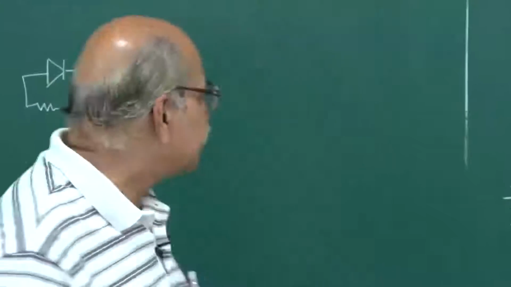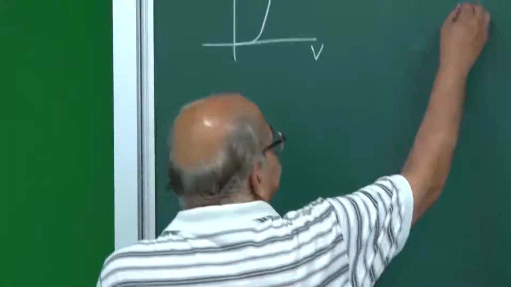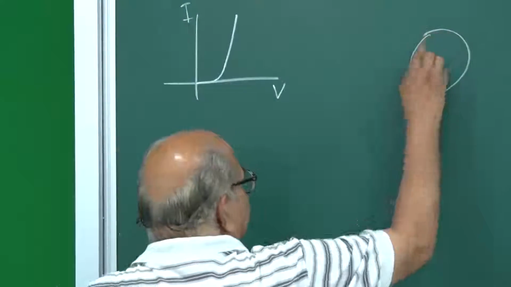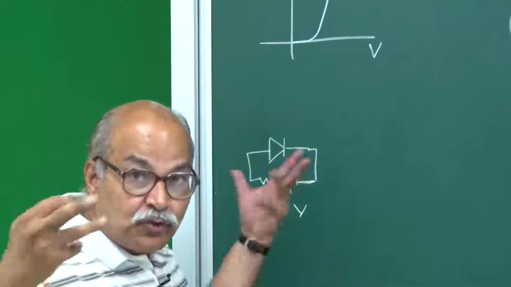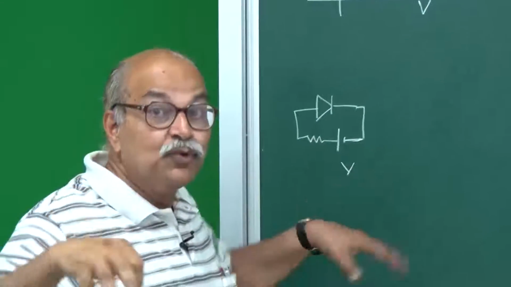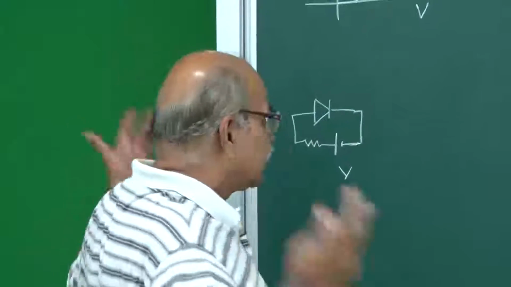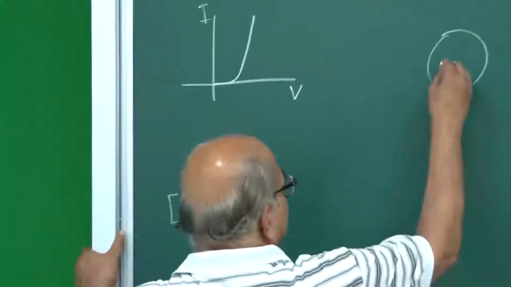For a transistor circuit also, here I have two p-n junctions, and therefore two junction voltages and two currents. So there are various combinations possible.